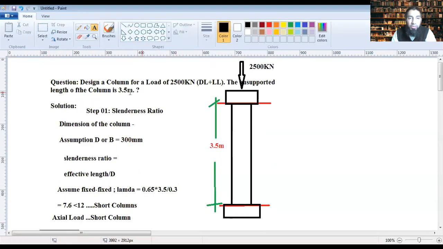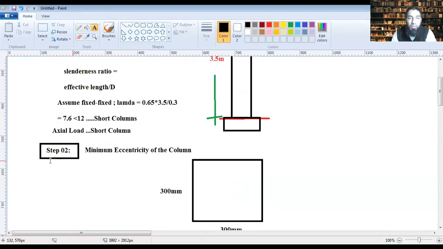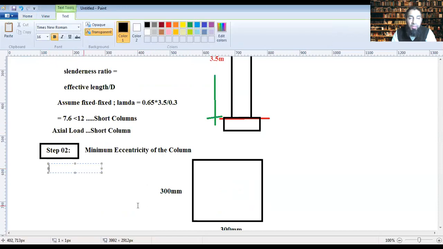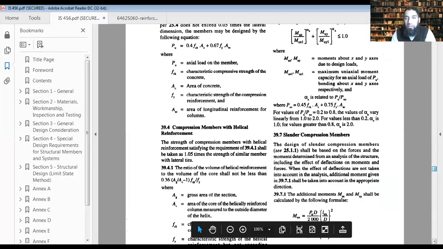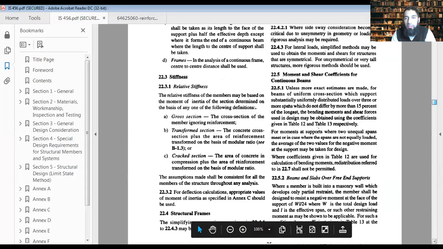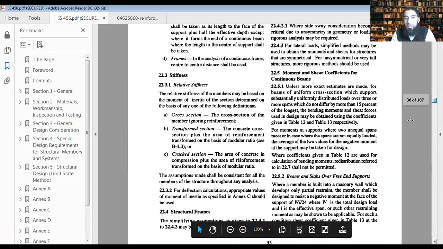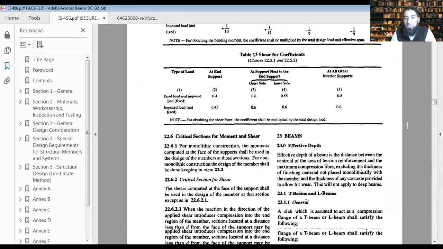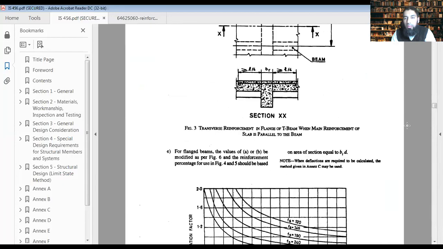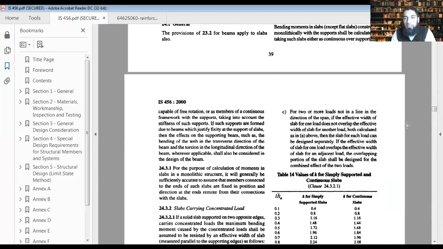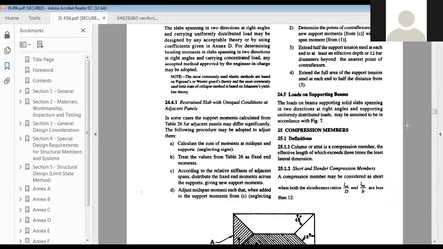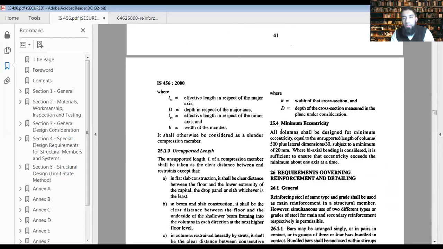That's not mentioned in the question. But you still have to calculate the minimum eccentricity as per the IS code. And as per IS code, we already know the minimum eccentricity is L by 500 plus D by 30, subject to minimum of 20.